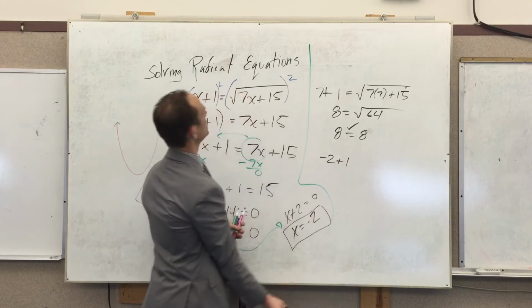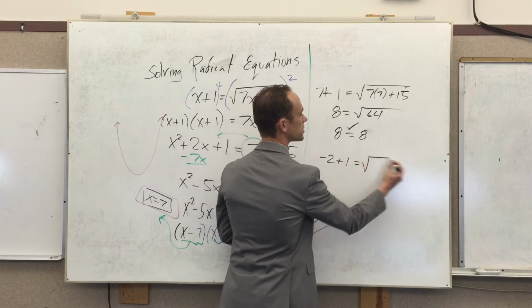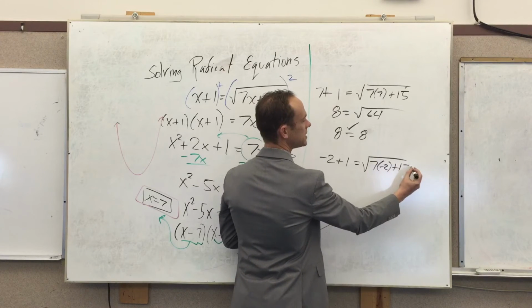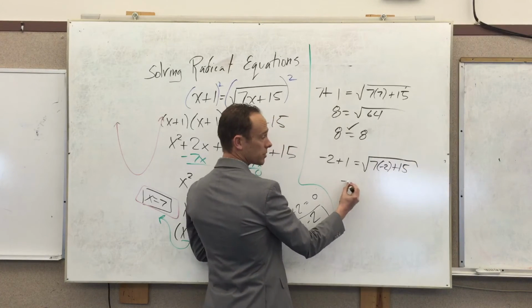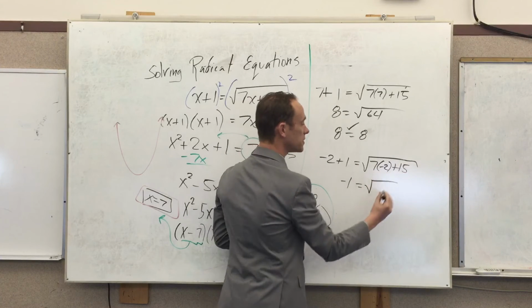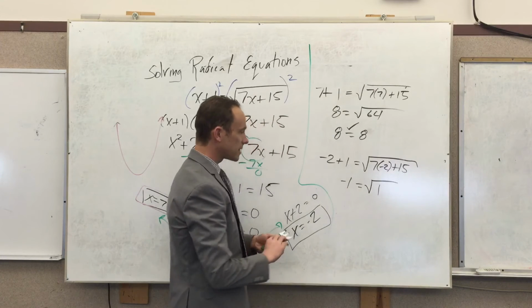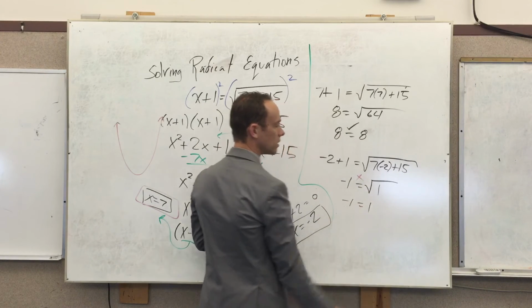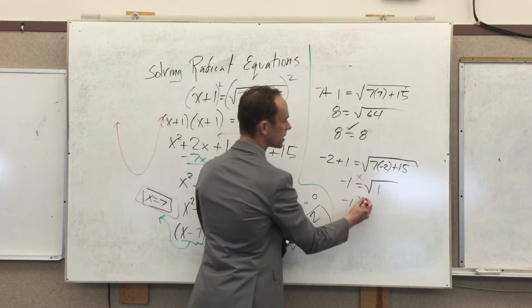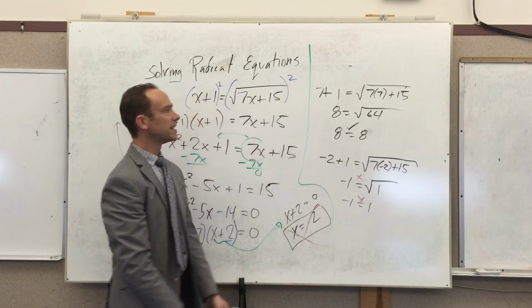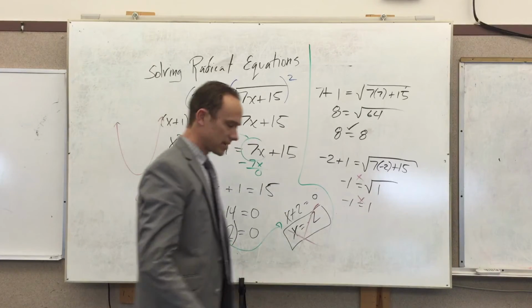Negative 2 plus 1 is equal to the square root of 7 times negative 2 plus 15. So negative 1 is equal to the square root of negative 14 plus 15, which is positive 1. And that is not a true statement, because the square root of 1 is 1. These two are not equal to each other. And so that gets the axe, gets the hammer.